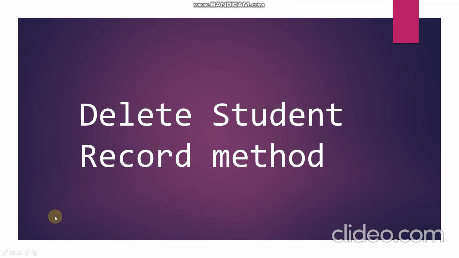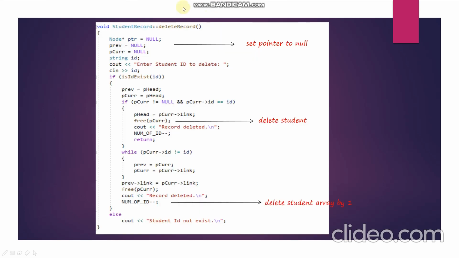Next, we will discuss the delete student record method. In this delete record method, we set the pointer to null. Then we enter the ID we want to delete. If the ID exists, we set the previous and current equal to pHead. If the ID is equal to pHead, then we delete the student.